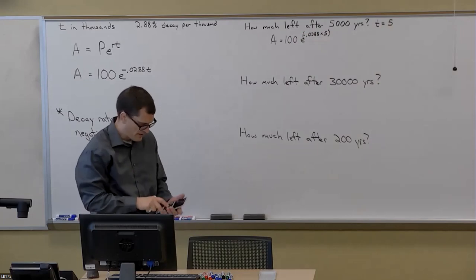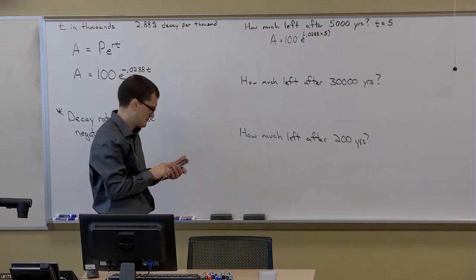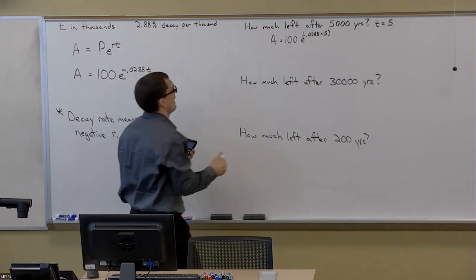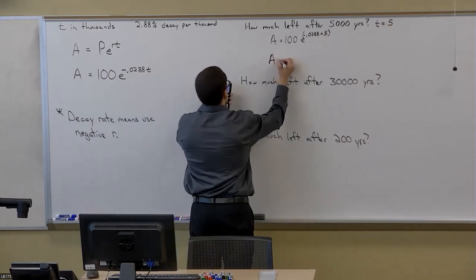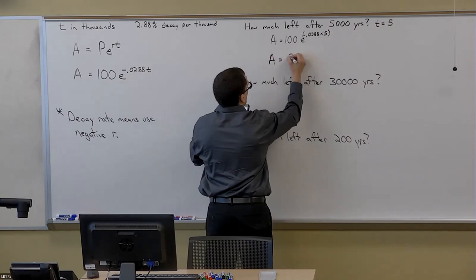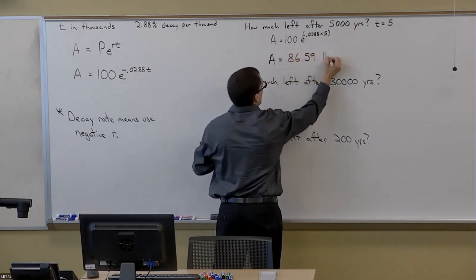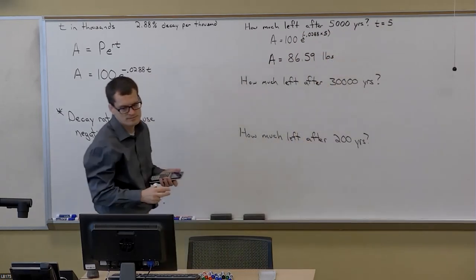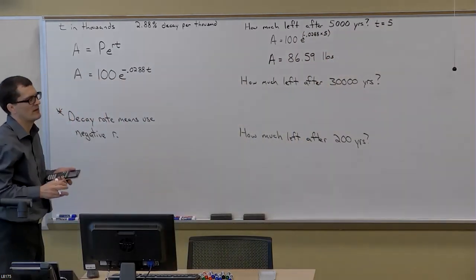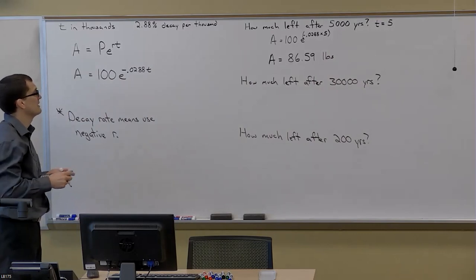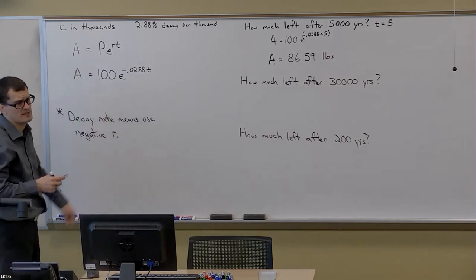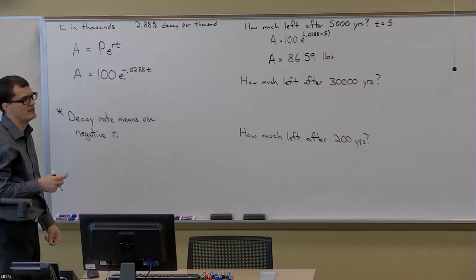And so when I plug that in, I got about 86.59 pounds. We start with 100 pounds, right? About 86.59 pounds of plutonium-239 remaining.